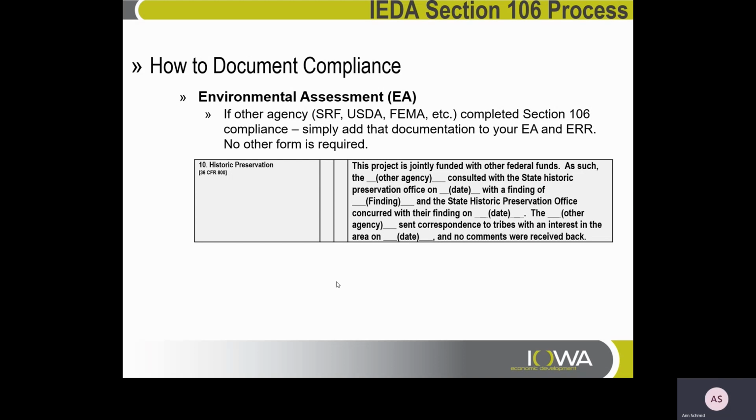You do not, for this scenario, when another agency has taken lead, need to submit an iowagrants.gov form.